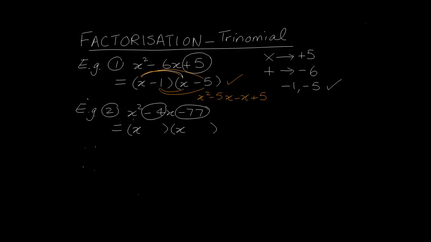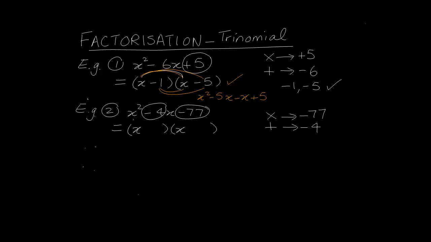Now looking at those numbers, this time my two numbers need to multiply to give me negative 77, and they have to add to give me negative 4. Given that they have to multiply to give me a negative number, one number would have to be positive and one number would have to be negative.